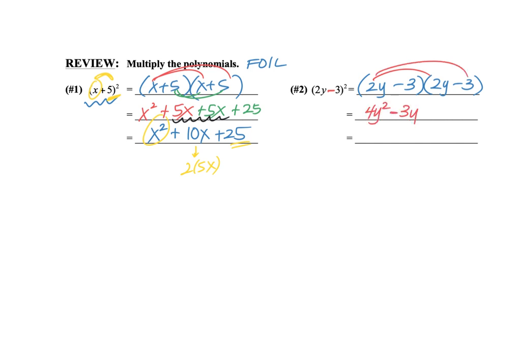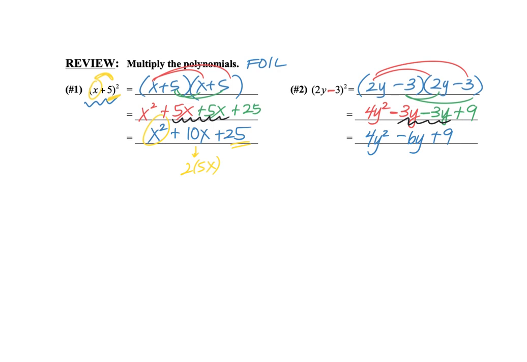Outside is a negative 3y. Inside's another negative 3y, so we're doubling up that middle term. And last would be positive 9 in this case. So again, those are like terms, and we're going to combine everything. So this gives me 4y squared minus 6y plus 9.